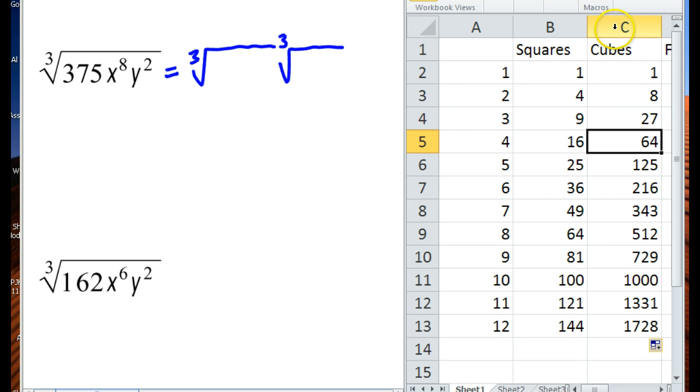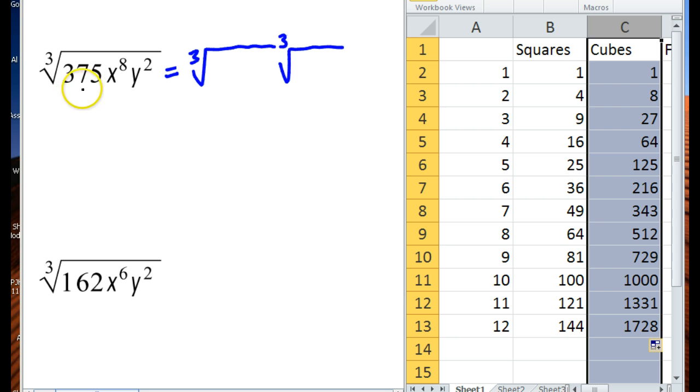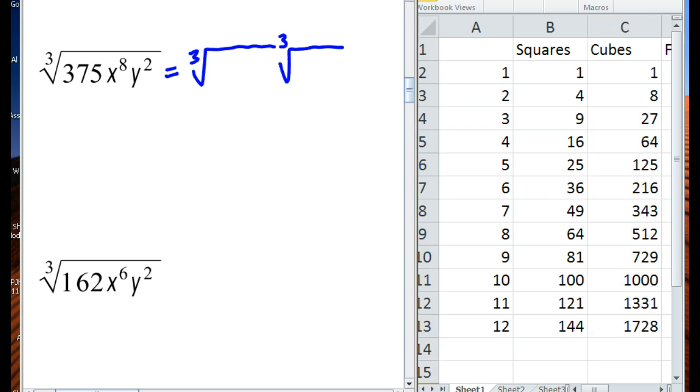So we're looking at cubes, right? So 375. 125. Good. So 125 times 3. Now we want multiples of our index here, right? Multiples of 3. So x should be what?